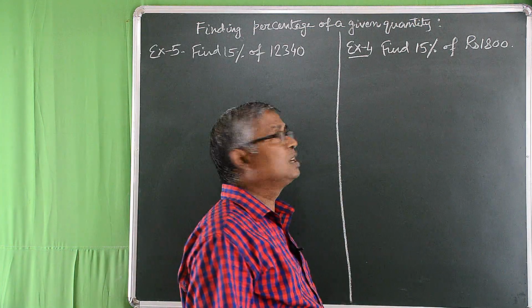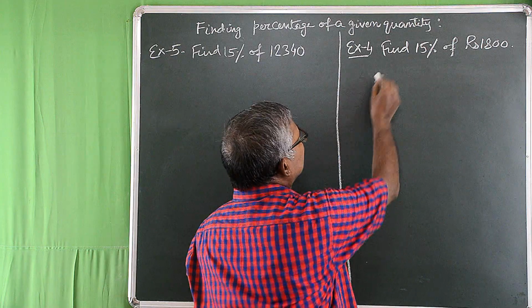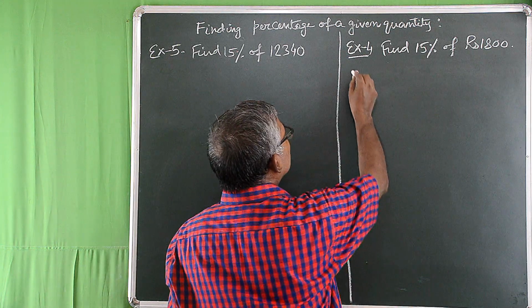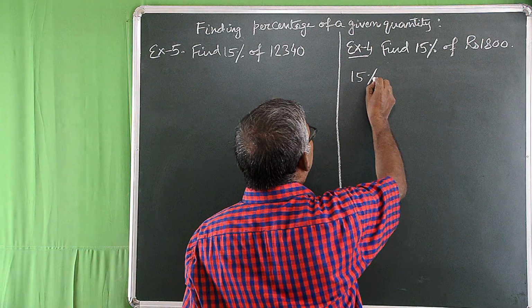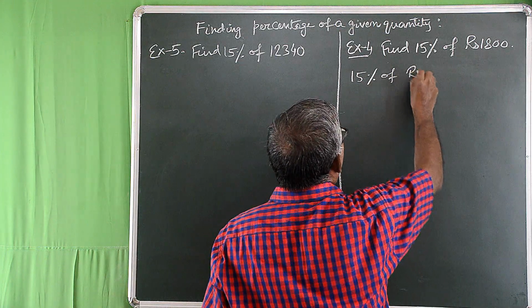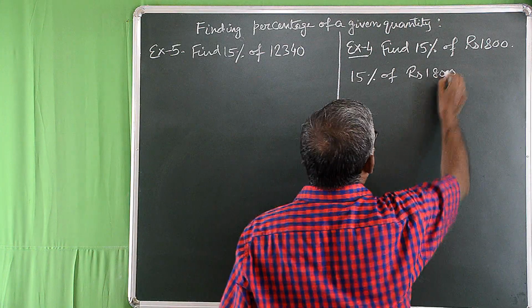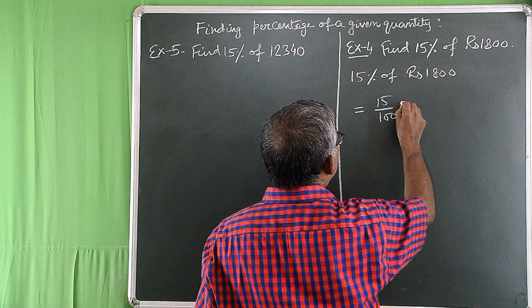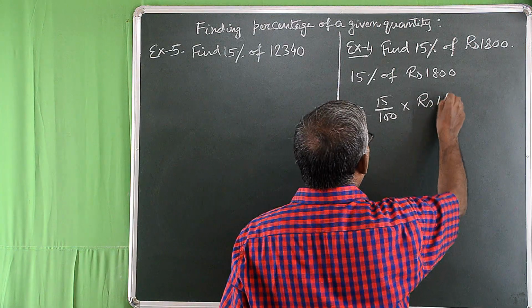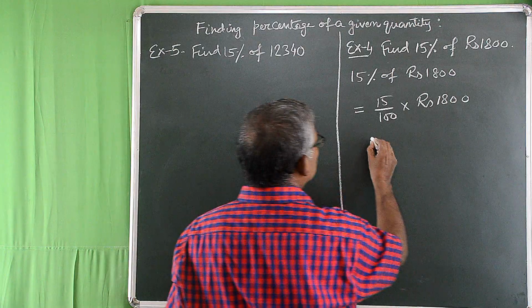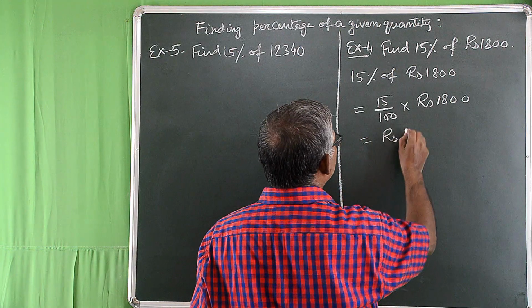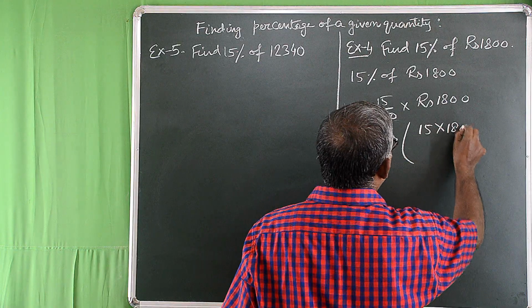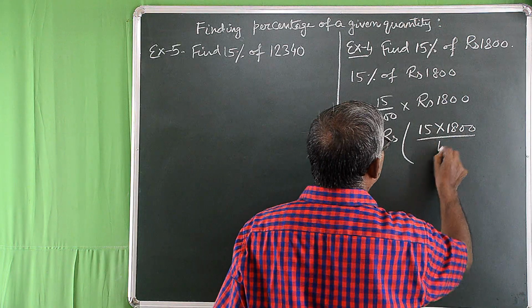Students, let us consider the fourth problem. Find 15% of rupees 1800. Here 15% of rupees 1800 equals 15 by 100 into rupees 1800, equals rupees 15 into 1800 by 100.